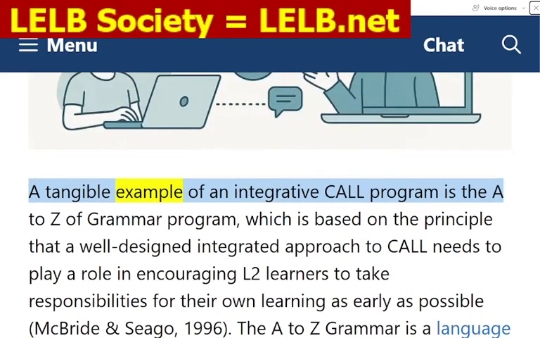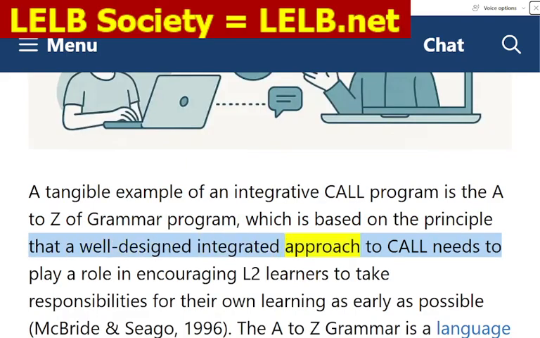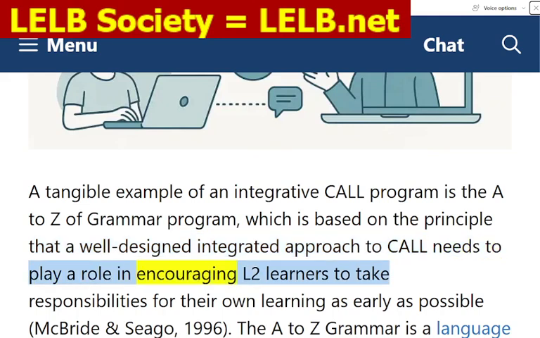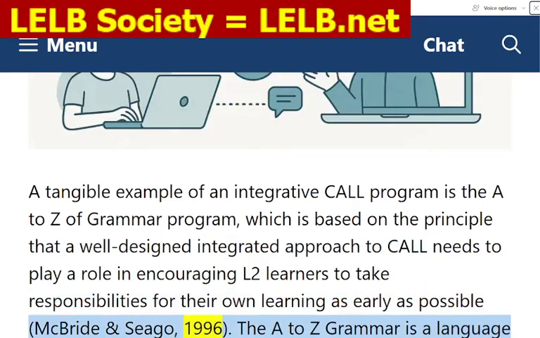A tangible example of an integrative CALL program is the A to Z of Grammar program, which is based on the principle that a well-designed integrated approach to CALL needs to play a role in encouraging L2 learners to take responsibility for their own learning as early as possible. McBride and Seago, 1996.